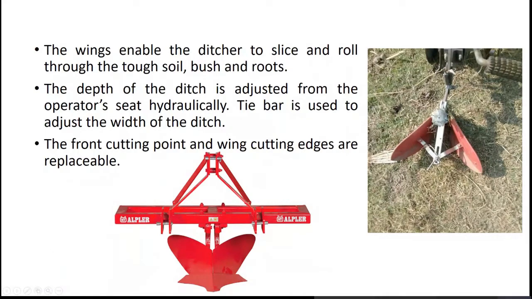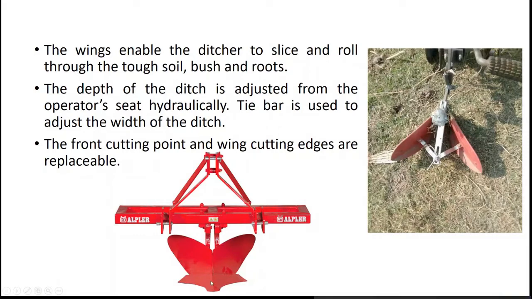See this joint, this wing and this wing are connected via these tie bars at this common point. If you slide this forward, this wing will expand. So when this wing expands, the breadth of the ditch will increase. In this way, we can manipulate the width of the ditch which has to be formed according to our requirement.